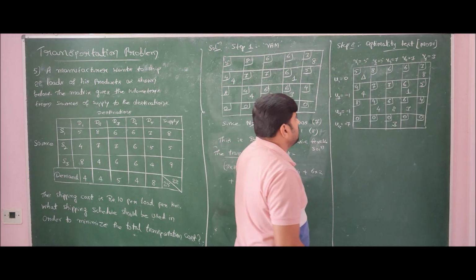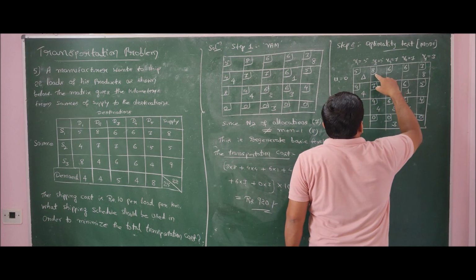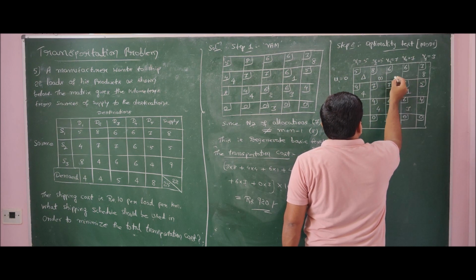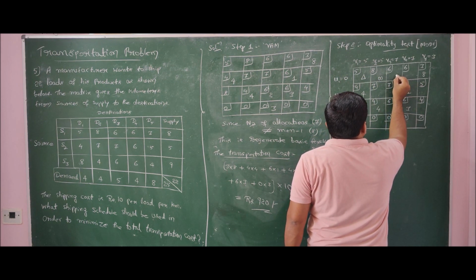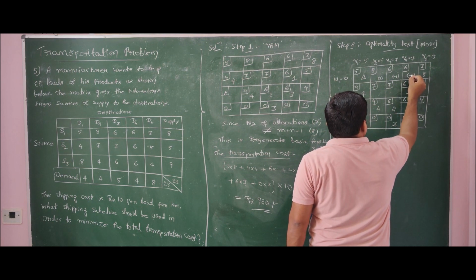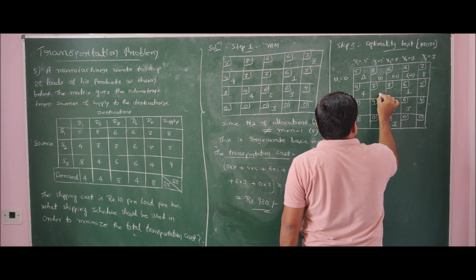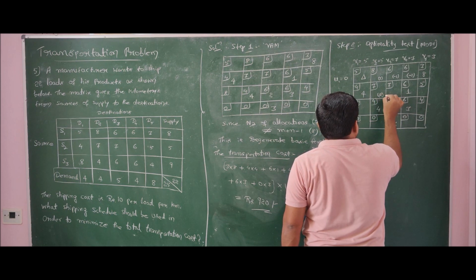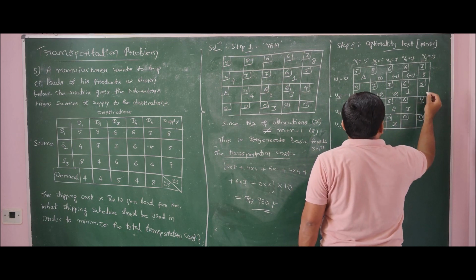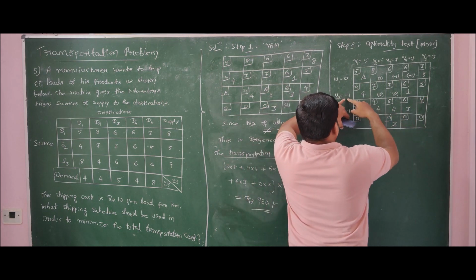Now calculate the penalty. If I calculate the penalty, 8 minus 5 is plus 3, 6 minus 7 is minus 1, then we have 7 minus 5 is 2, 7 minus 7 is 0. Sorry, we have minus 1 here, right?